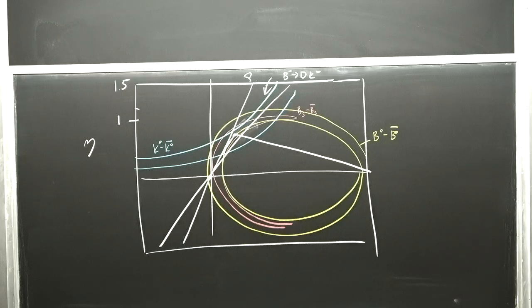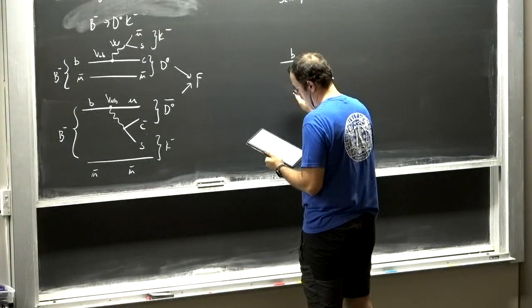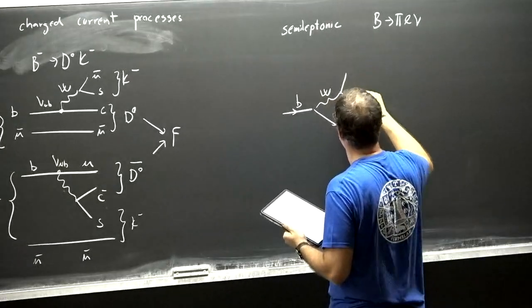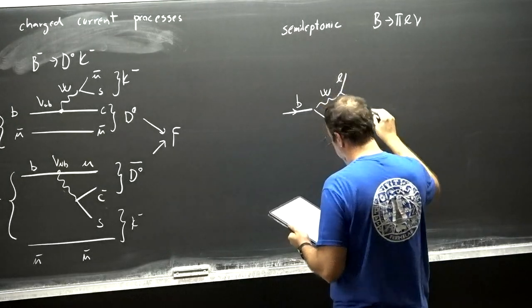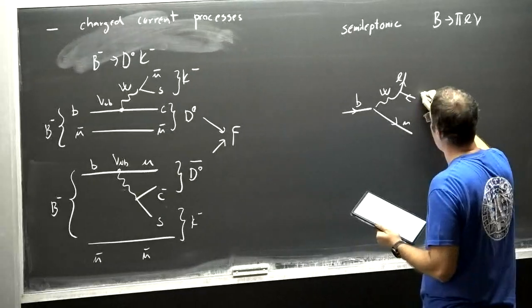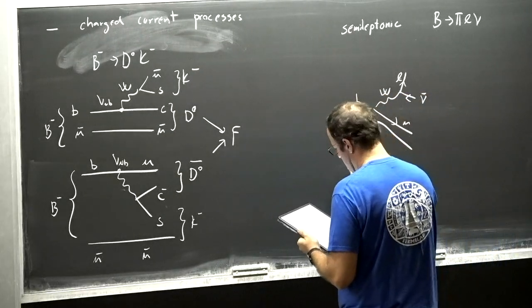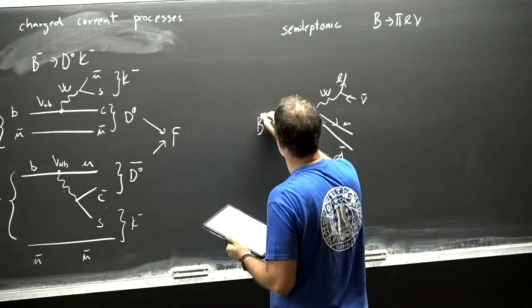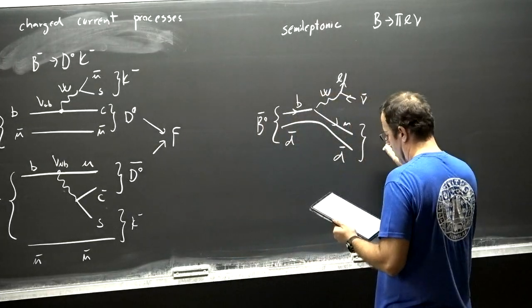Can also take a different one. So let's say semi-leptonic decay, nu. So I have a B0 bar, let's say that goes to pi plus.